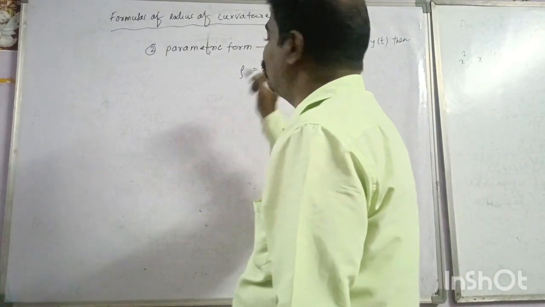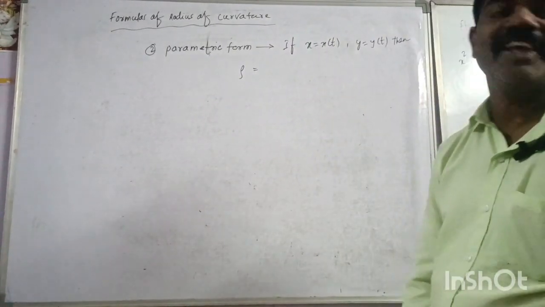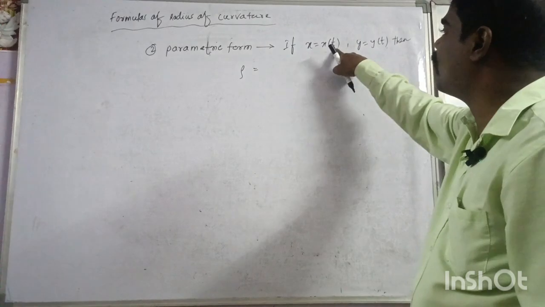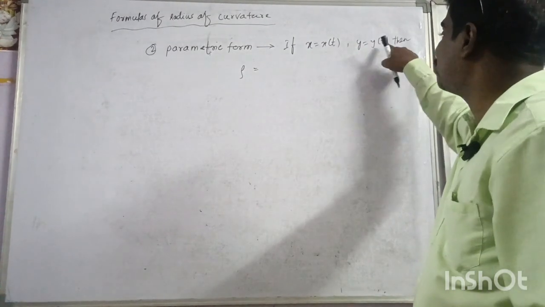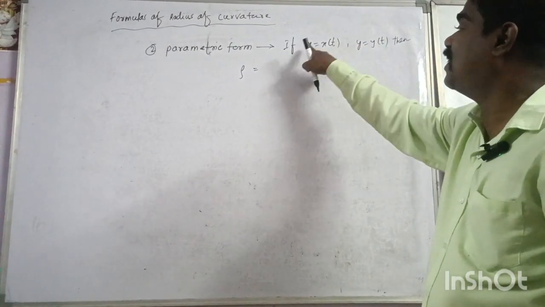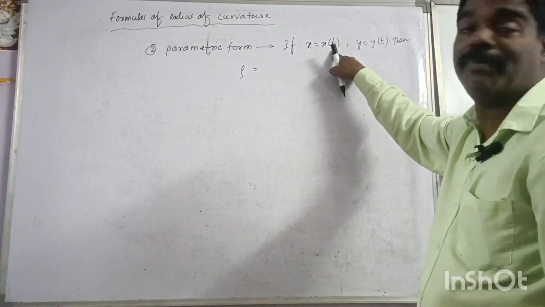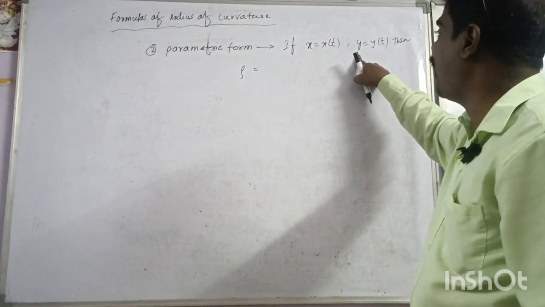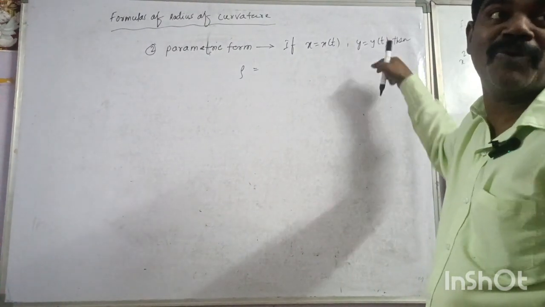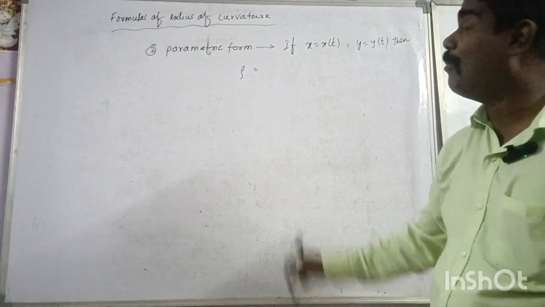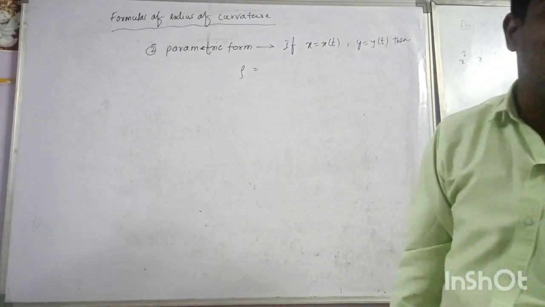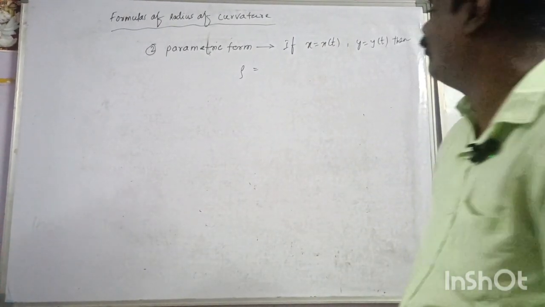rho is equal to, see here, x with respect to t, y with respect to t. X is dependent, t is independent. Y is dependent, t is independent. Only one independent variable, but two dependent variables. Understand? Fine.